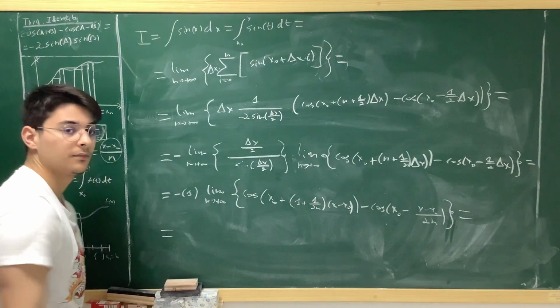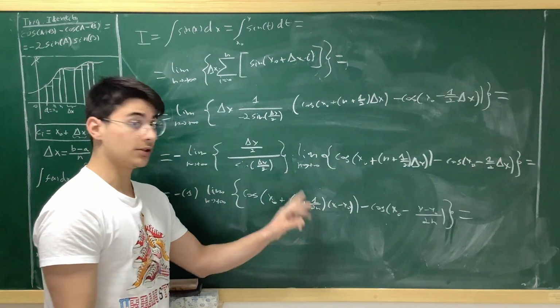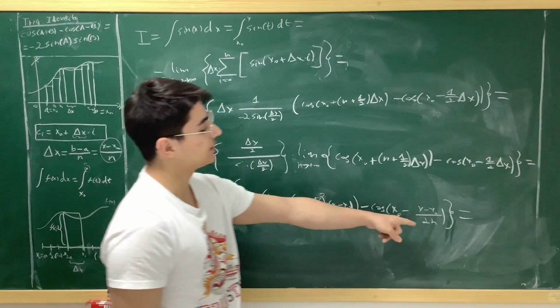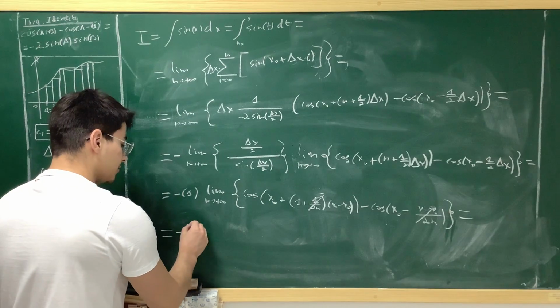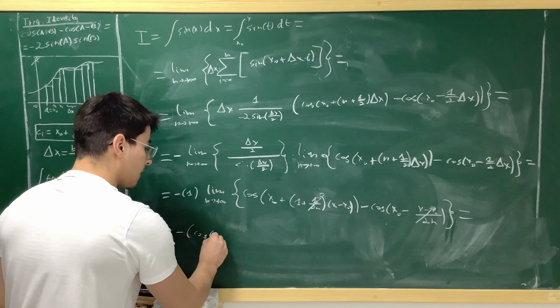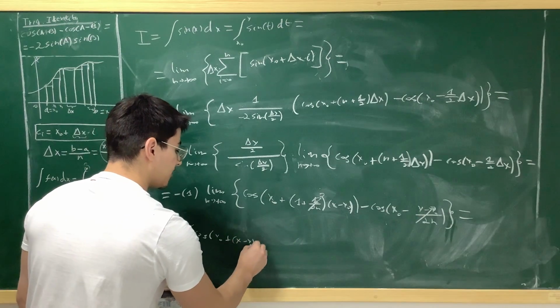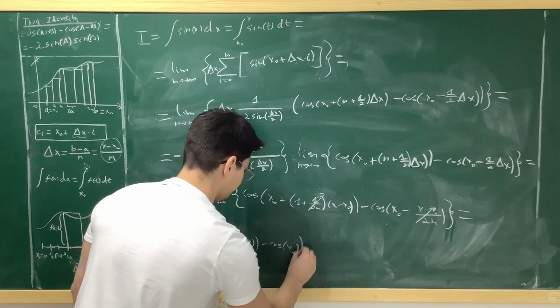This is a really easy limit. When n goes to positive infinity, this goes to 0, and this also goes to 0. So we have minus the cosine of x naught plus x minus x naught, minus the cosine of x naught.